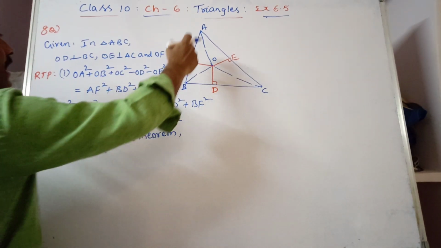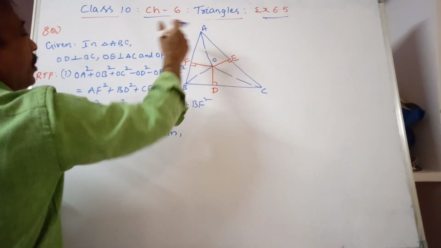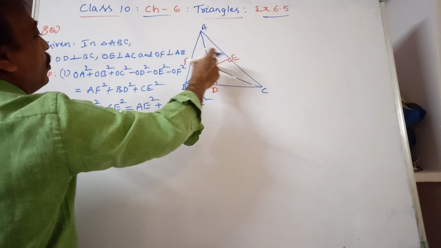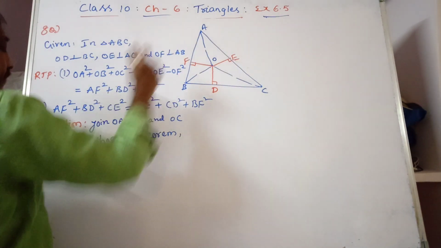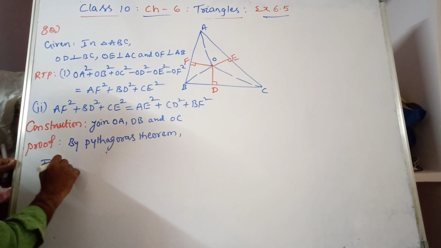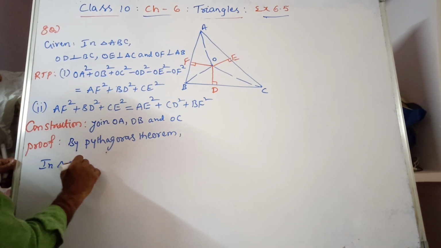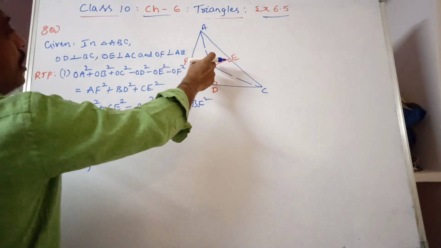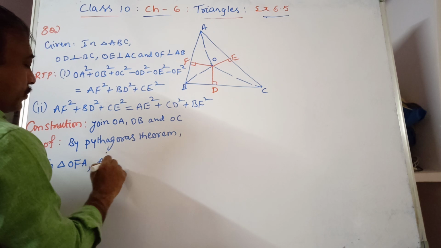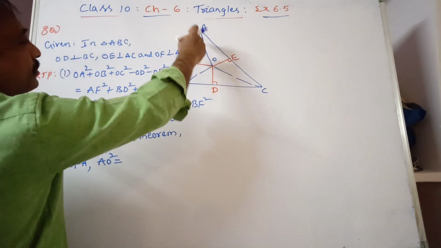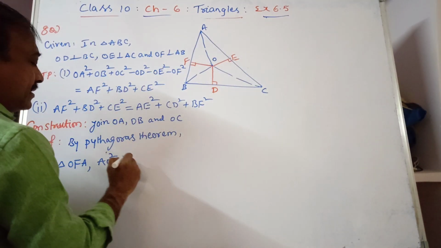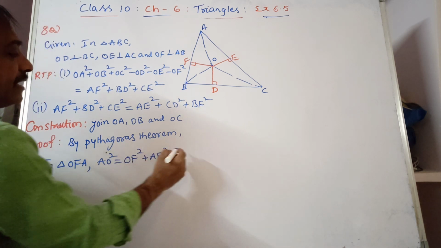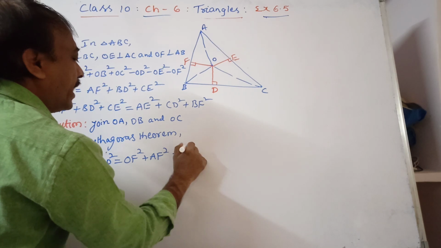Now in triangle OFA, by applying Pythagoras theorem, AO square is equal to OF square plus AF square. Let this be equation 1.